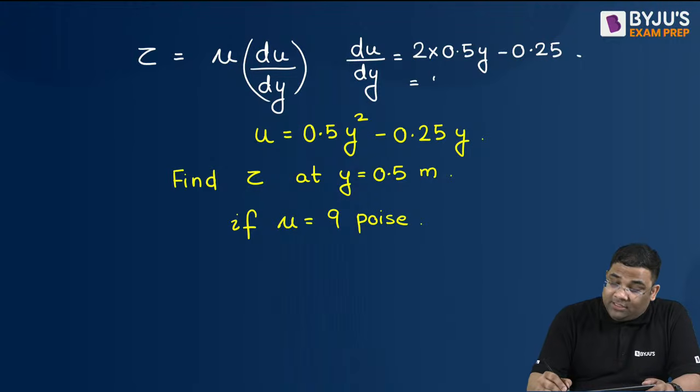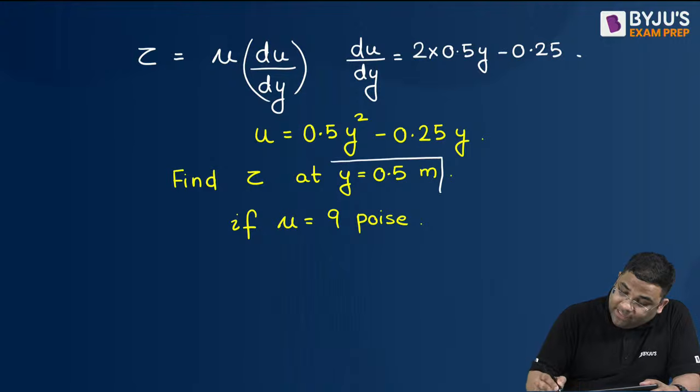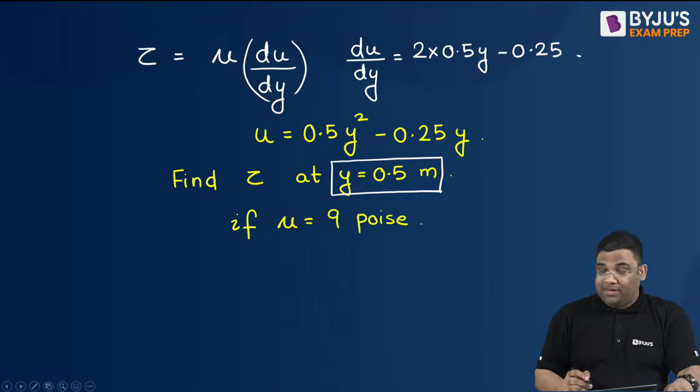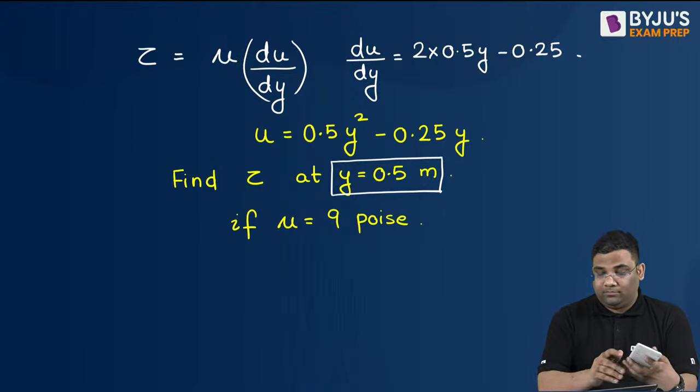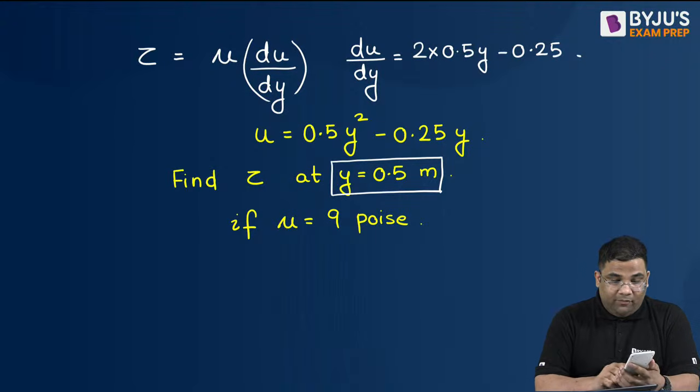So how much are you getting? You're getting 2 into your 0.5. How much is this value? When you put y equal to 0.5, how much are you getting for du by dy? Please write in the comment section. Let me calculate also. 0.5 into 0.5 into 2.